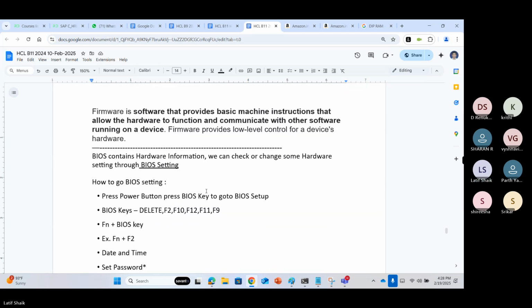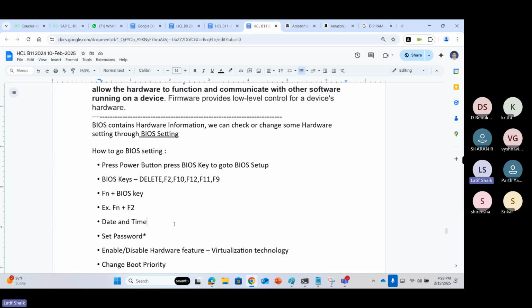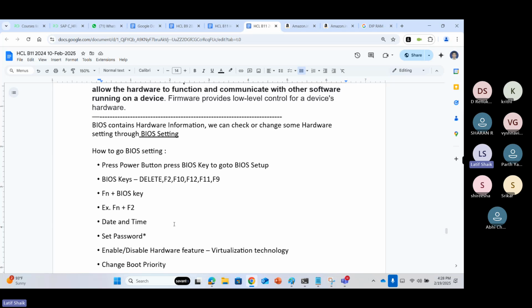Again, what are these BIOS settings? Why are BIOS settings important? In the BIOS settings, the date and time will run continuously.